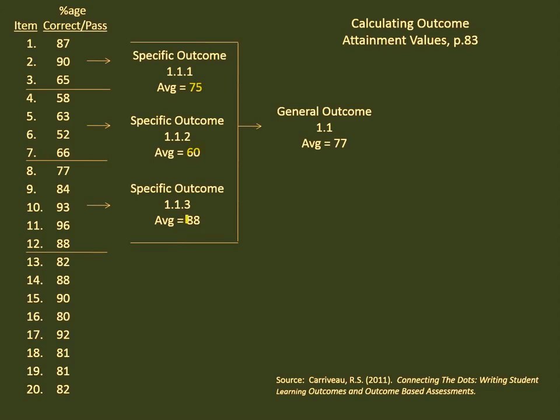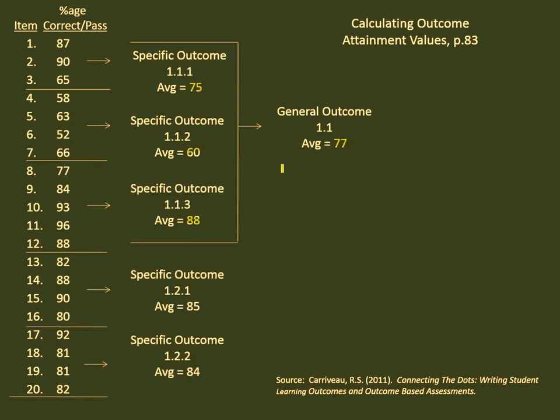Those three items averaged together would produce a specific outcome value of 75 or 0.75, but we'll just talk about it in terms of percentage, because we're looking at the class as a whole and the percentage of that outcome that the class attained. It's a pure measure.